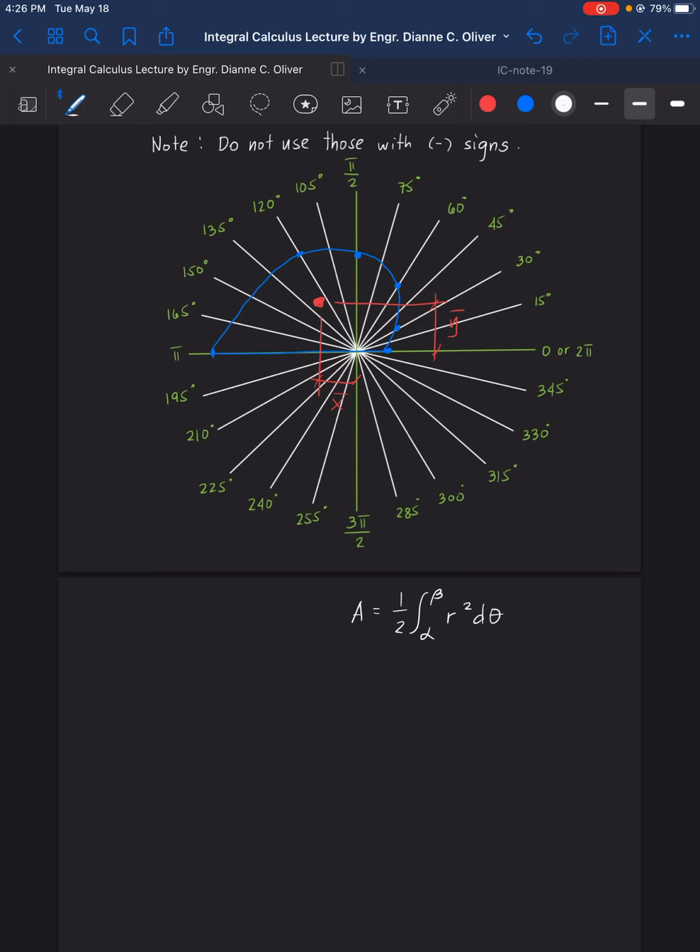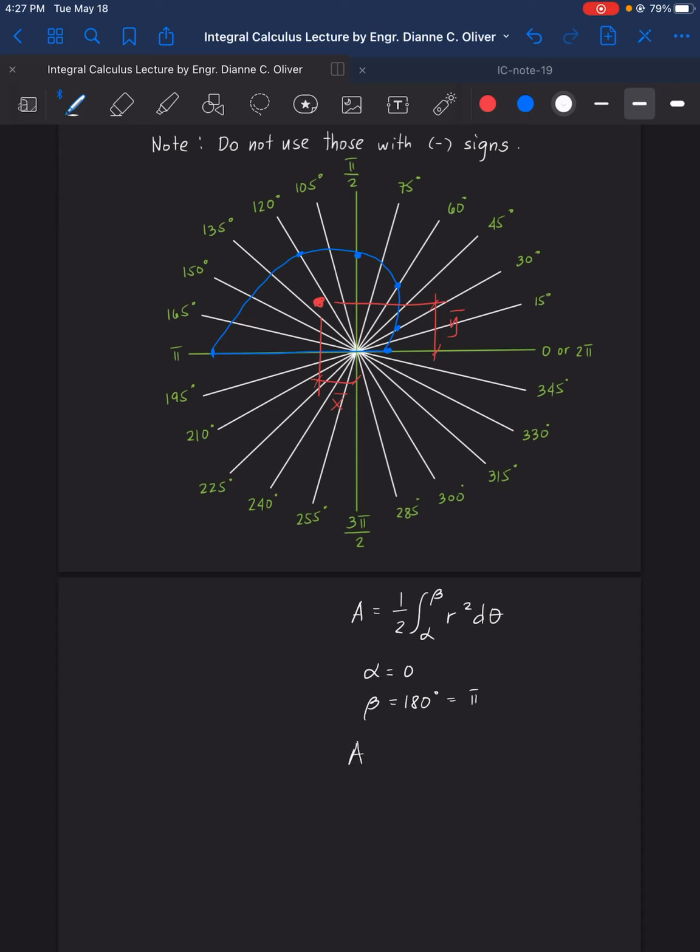Now, what is our alpha? We are starting from this point, then we go counterclockwise to this point. Therefore, our alpha is at 0 degrees. Then our beta is at 180 degrees, or that is pi.